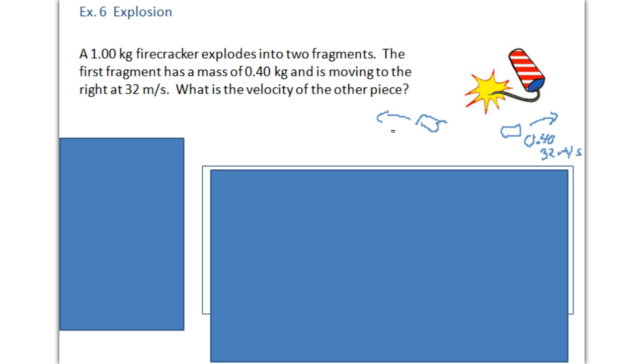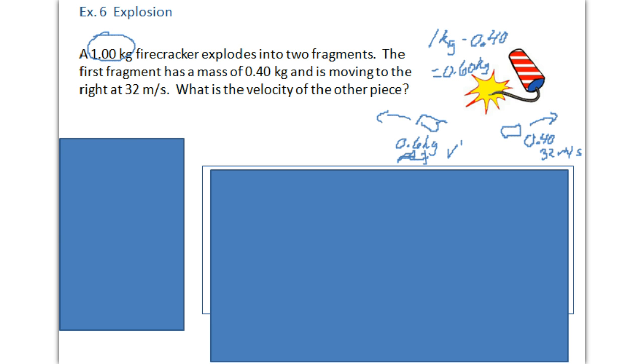Now over here, you weren't told directly the mass of the other piece of the firecracker, but if it's 1 kilogram in total, the mass is still maintained. So if you start with 1 kilogram, the other piece weighs 0.4, your second piece has to weigh 0.6 kilograms. And you had to find its velocity after.